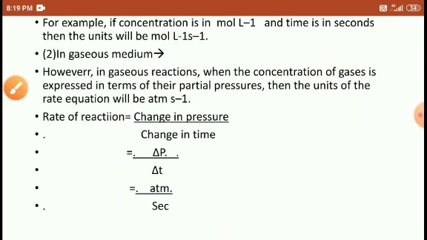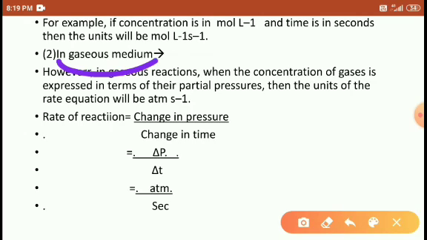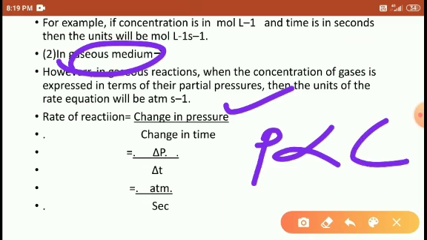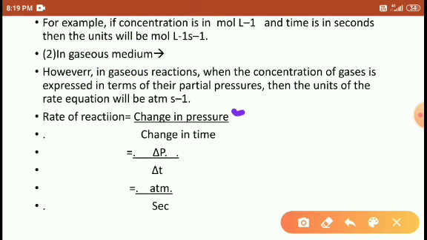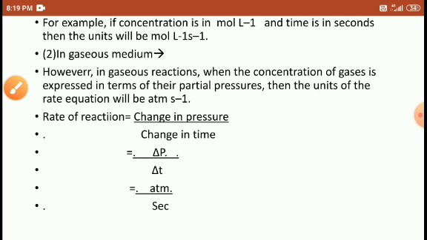So that's why in terms of gaseous medium, we are using pressure in terms of concentration, because the pressure is proportional to concentration. Right, students? So the change in pressure by change in time, delta P by delta T, that is atmosphere per second. Right, students?